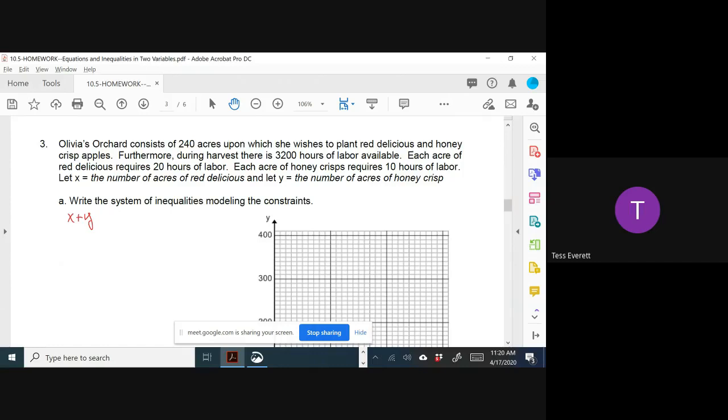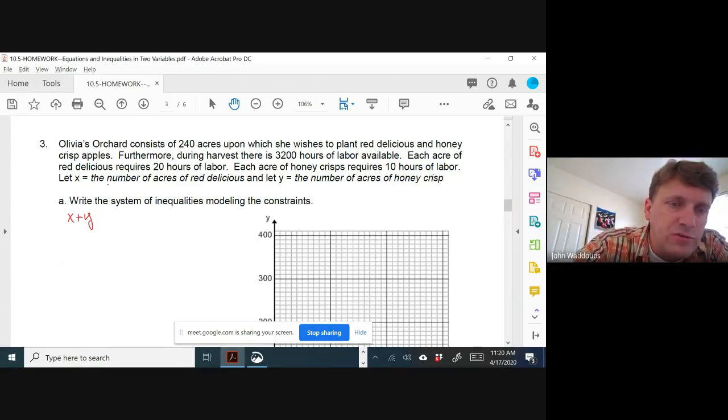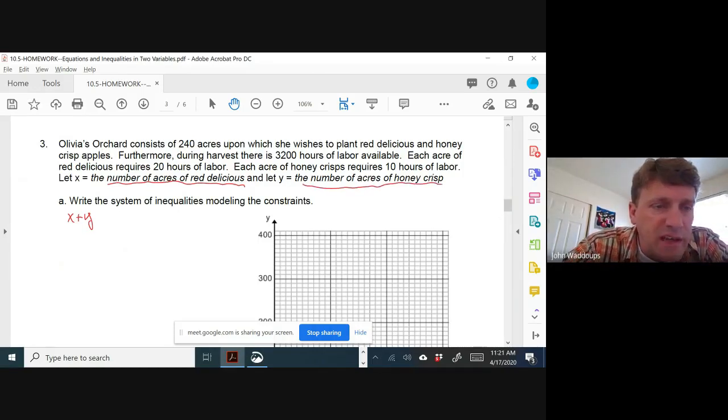Is it the acres? So x is the number of acres of Red Delicious, and y is the number of acres of Honeycrisp. So if I take x plus y, that's the total number of acres of both apples that are planted.